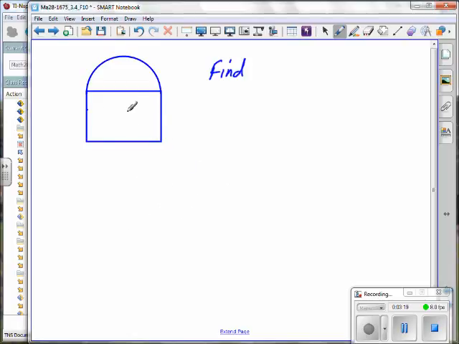Isn't that where you find the formula for a rectangle and the formula for a circle? So finding area is no big deal, so to speak. But finding maximum area, yeah, that takes a little more than just finding the area of this.